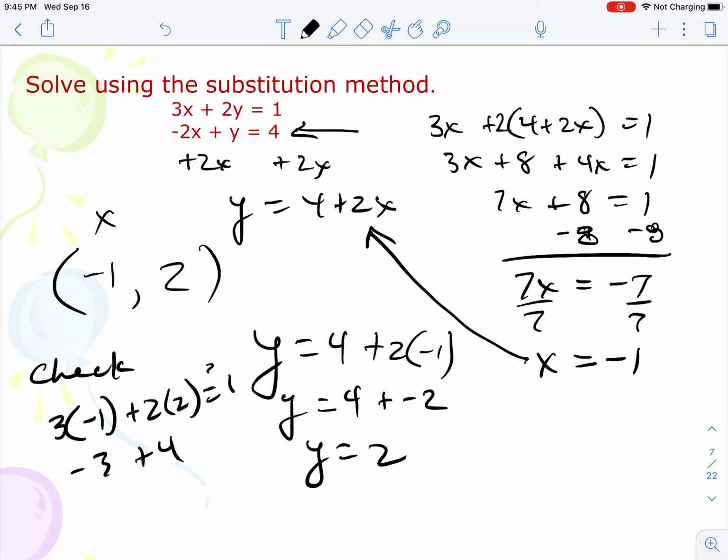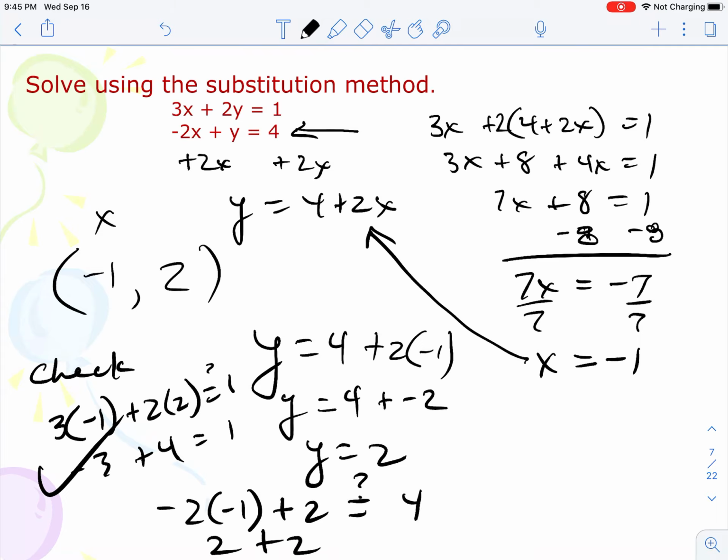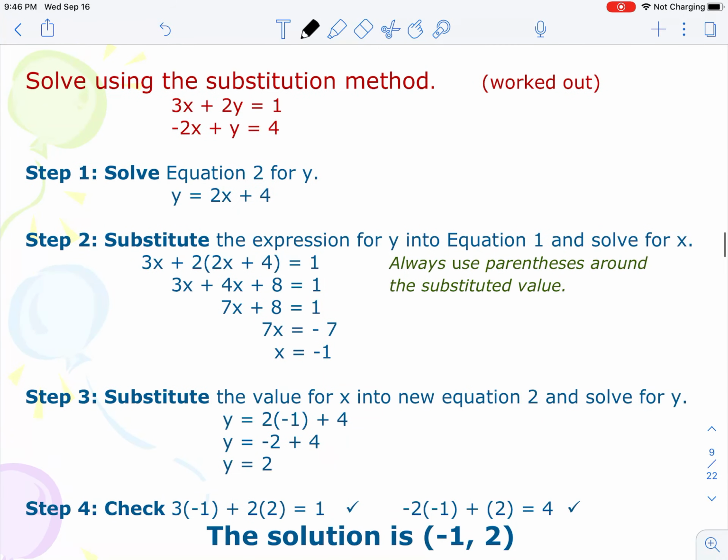Negative 3 plus 4, does that equal 1? Yep, it does. And in the second equation, negative 2 times negative 1 plus 2, does that equal 4? This is positive 2. Yep, that works. We solved it correctly using substitution.